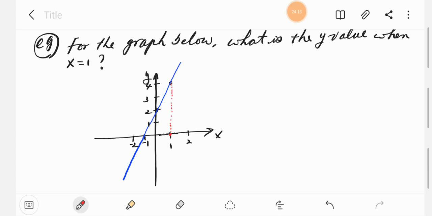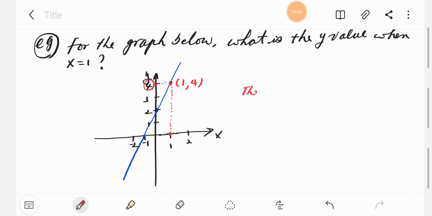Then this goes up to here. So this one meets the line at this point, right? Since we want to find the y value of this point, go to the y-axis. This one will meet at 4. So when x equals 1, y is 4.